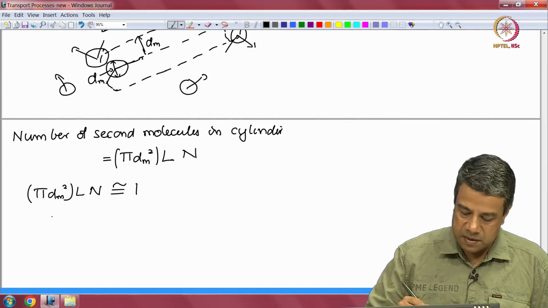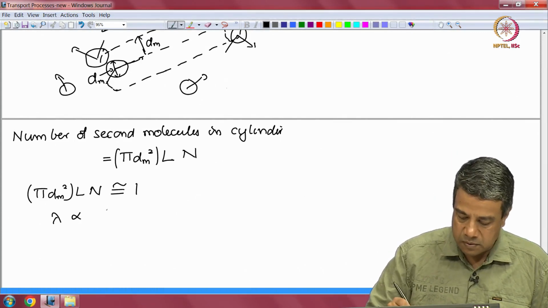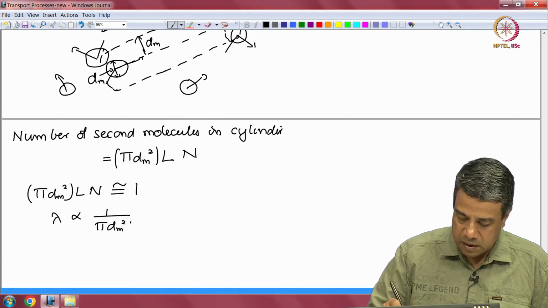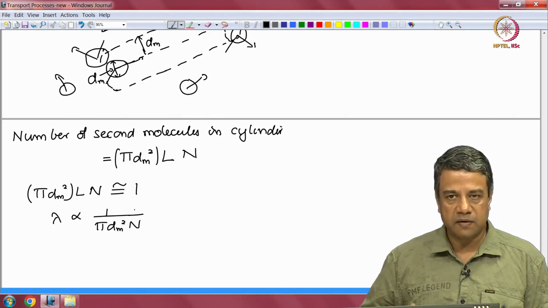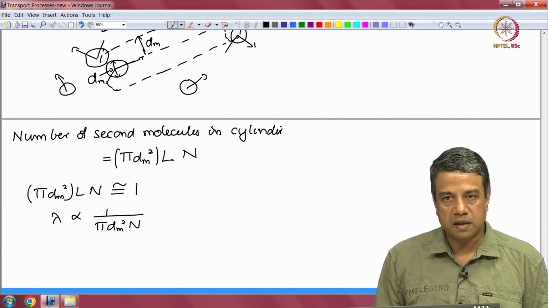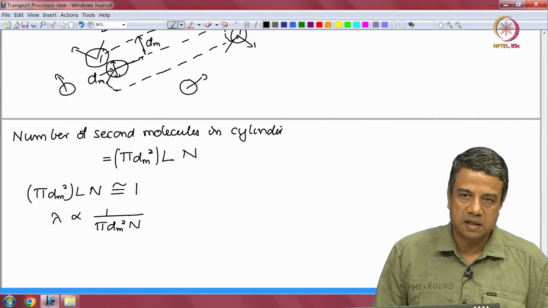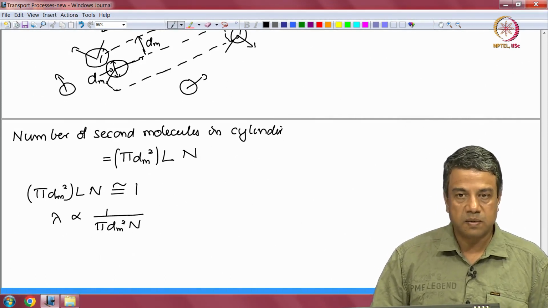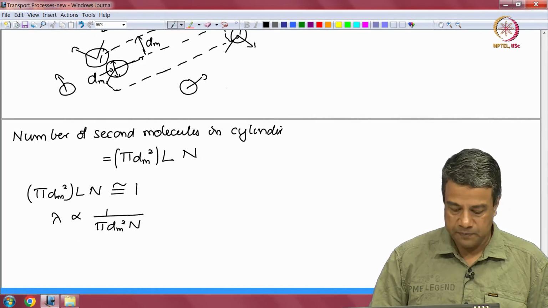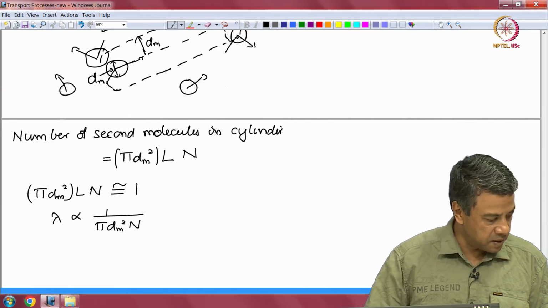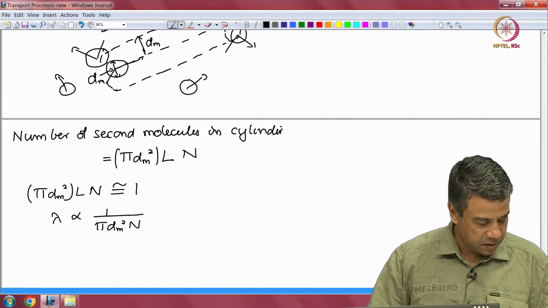The mean free path, the distance between collisions, is when the number of second molecules in the exclusion cylinder traced out by the first molecule is approximately 1. That means that lambda has to be proportional to 1 over pi dm square n.